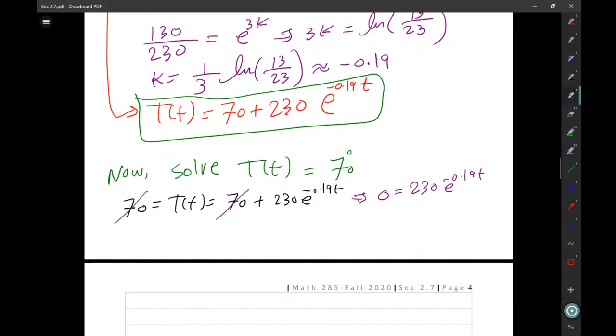And this is impossible, because the exponential is always a positive value, and a positive value times a positive value cannot be equal to 0.